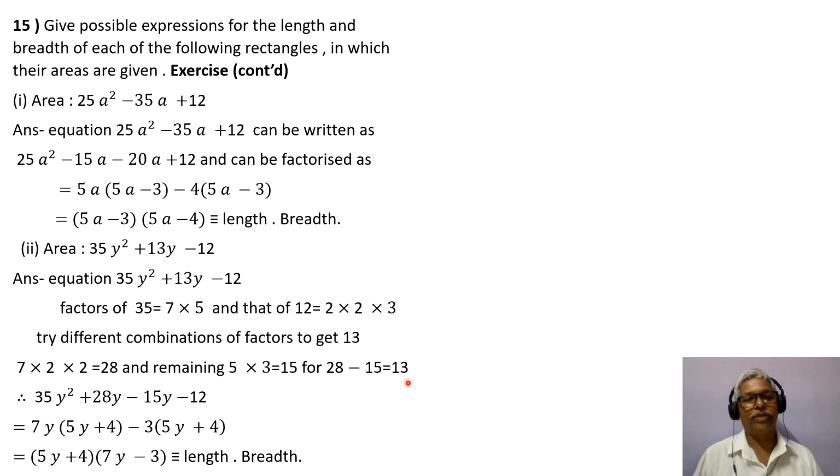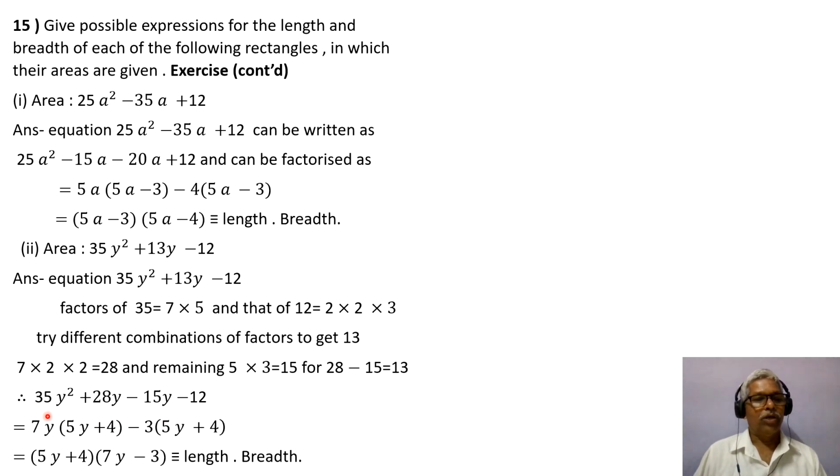Got it. Therefore, this can be written as 35y square plus 28y minus 15y, and this addition gives 13y, minus 12. You should have enough practice so that you can solve this very comfortably.